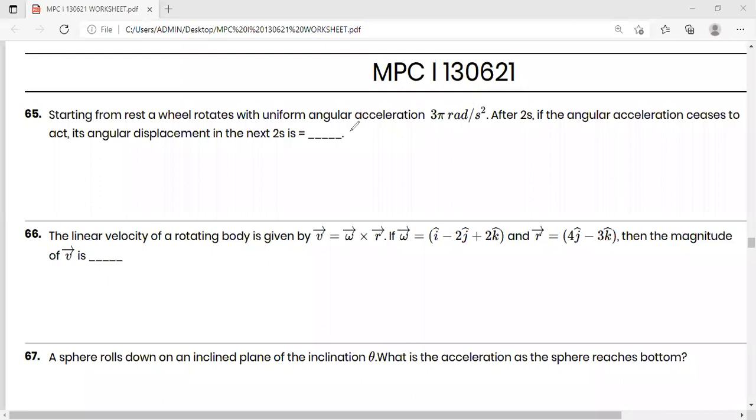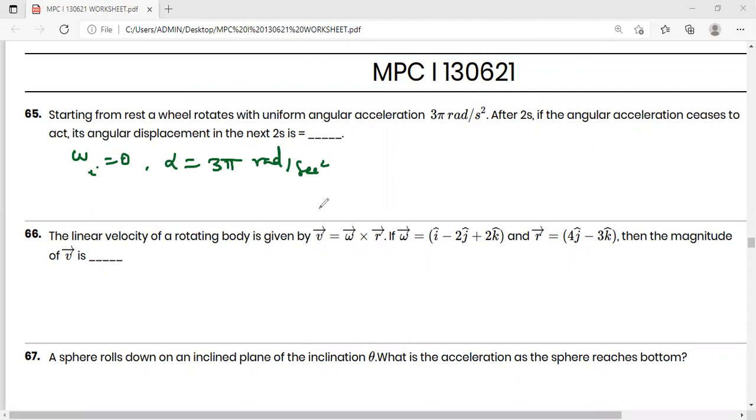Question number 65. Starting from rest, a wheel rotates with uniform angular acceleration 3 pi radian per second square. So initially omega initial is 0 and alpha is given as 3 pi radian per second square. After 2 seconds, its angular acceleration ceases to act.